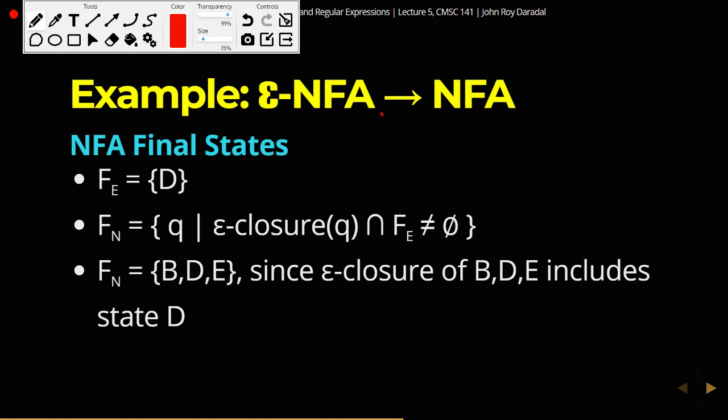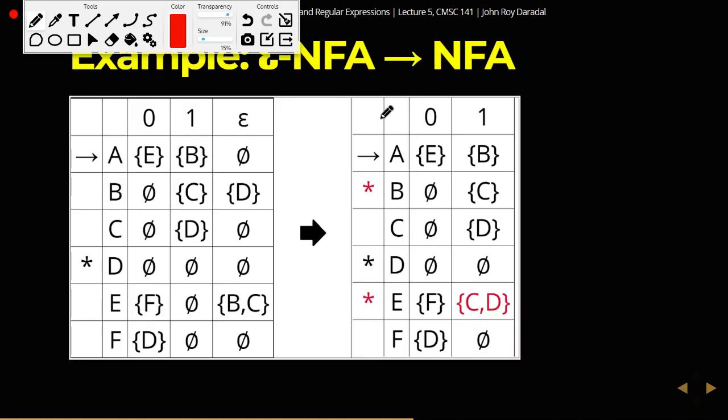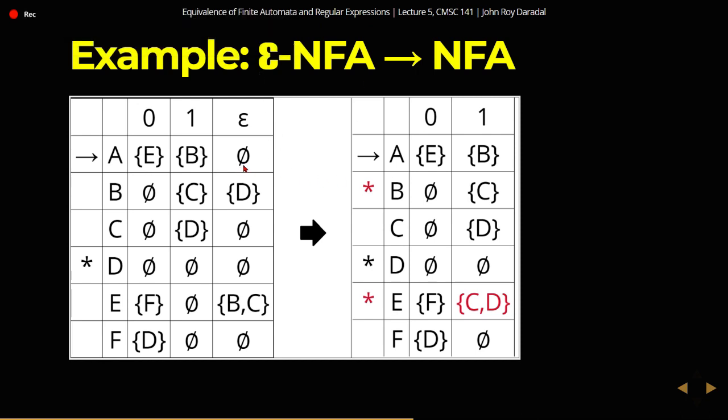Okay, so now we can see the final version of the conversion, from epsilon NFA to NFA. This was the original epsilon NFA transition table, and now we have converted it into an NFA without the epsilon transitions.